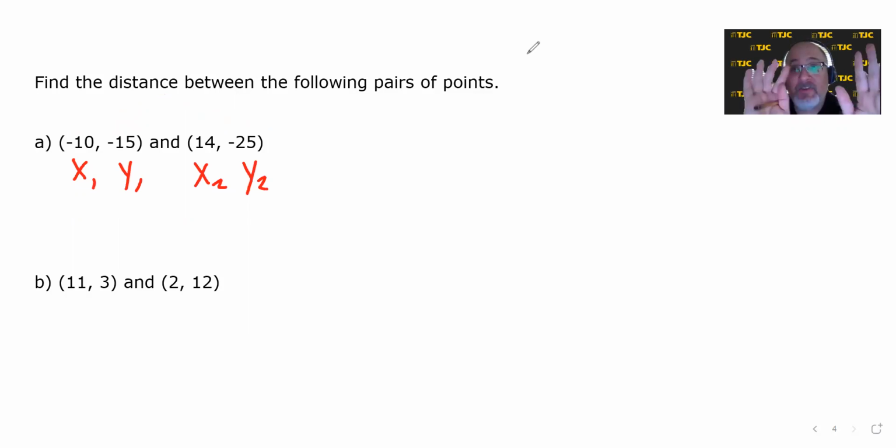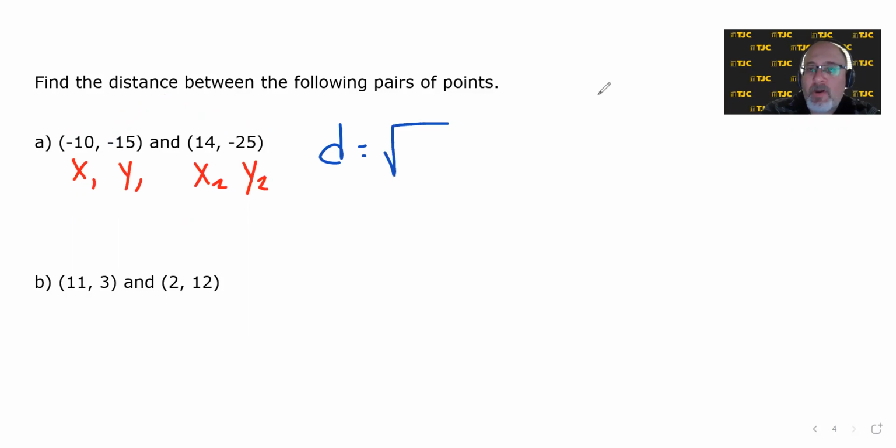Because the order of something and something is irrelevant, who we call x1, y1 and who we call x2, y2 doesn't matter. What does matter is if you call one of the points' x x1, you better call its y, y1. All right, so you identify your players and then you get out your formula. Let's go back to blue.